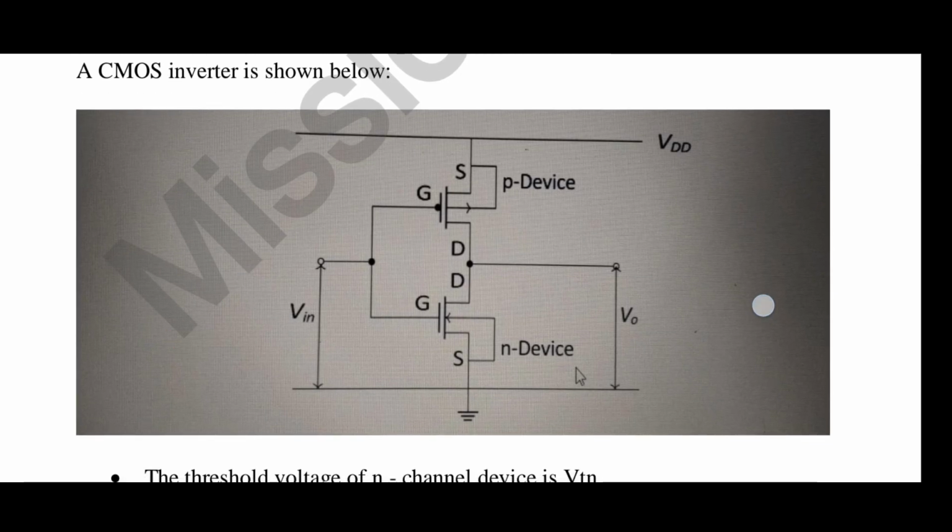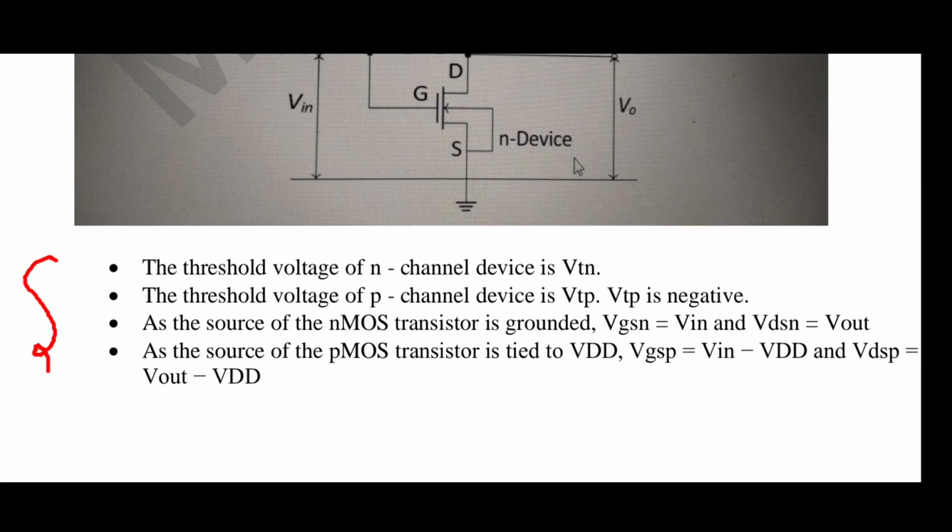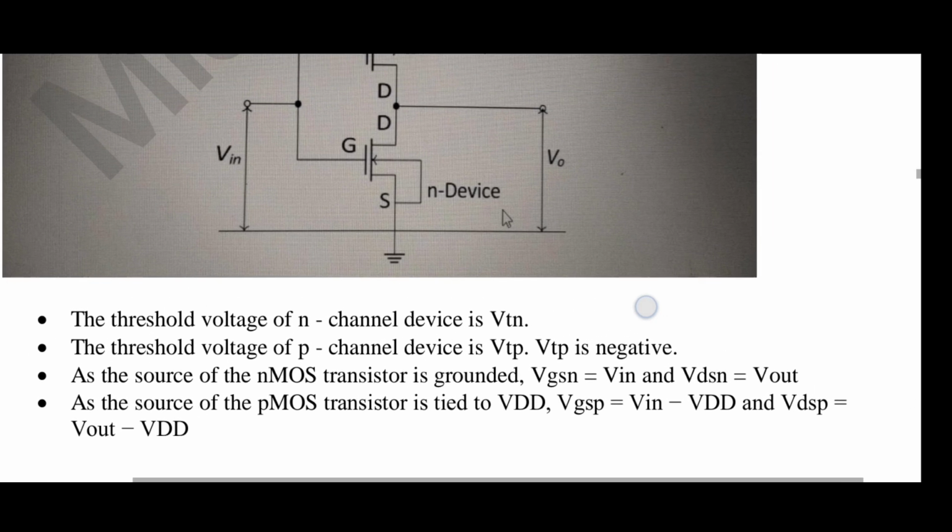Okay, after this you need to write some of the notations and what they represent. The threshold voltage of the n channel is represented by VTN, and that for the p channel VTP, which will be negative.